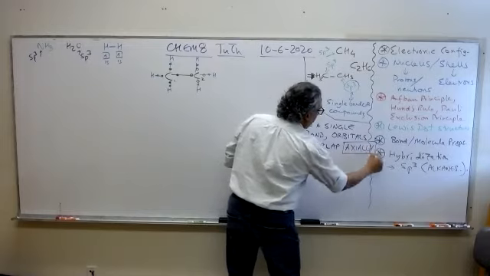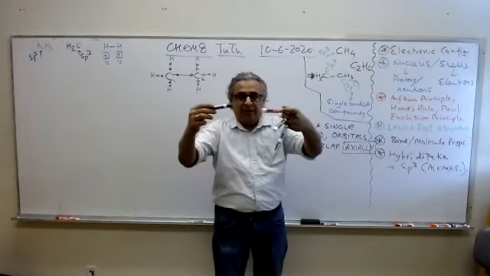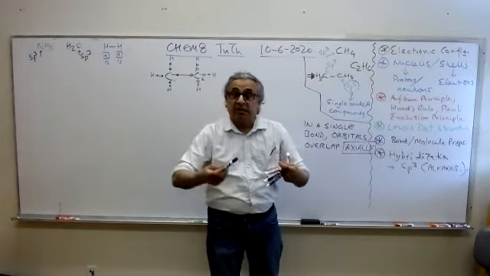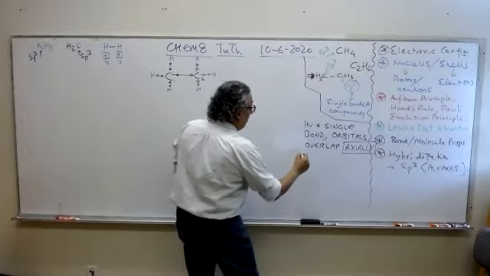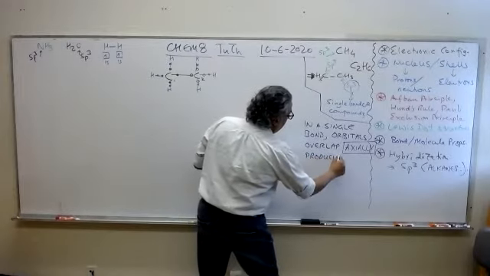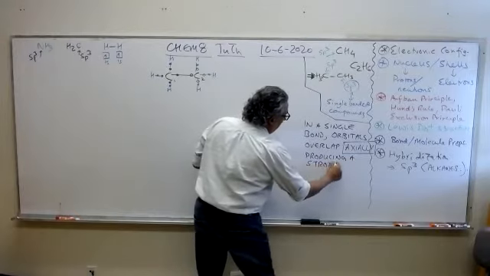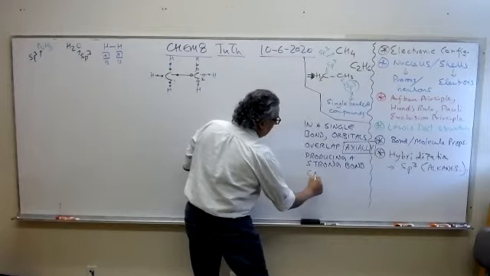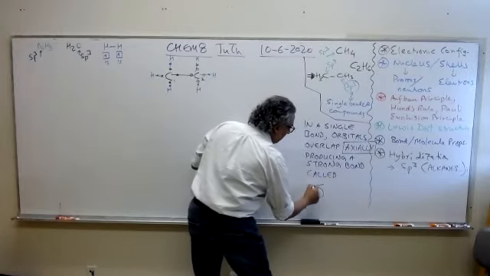This is an important word. Axially means along the axis. So they go like this. The overlapping is along the axis, and it produces a very strong bond called a sigma bond.